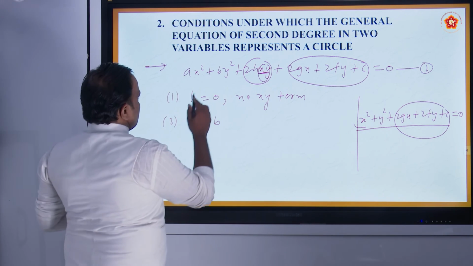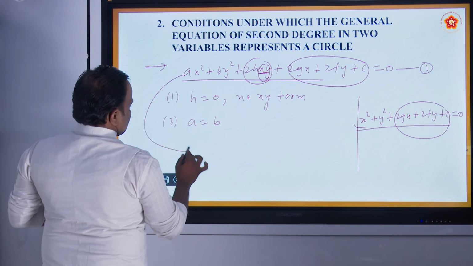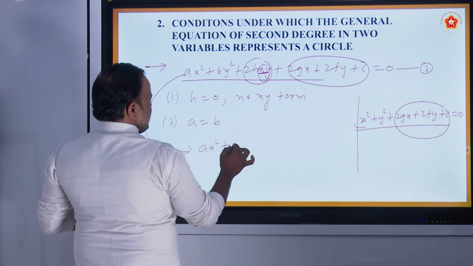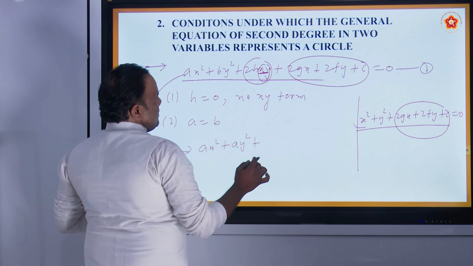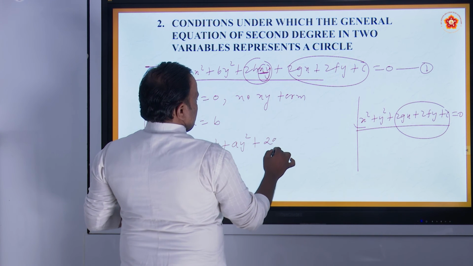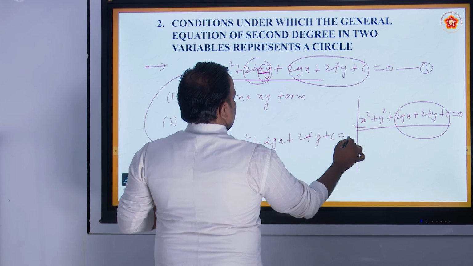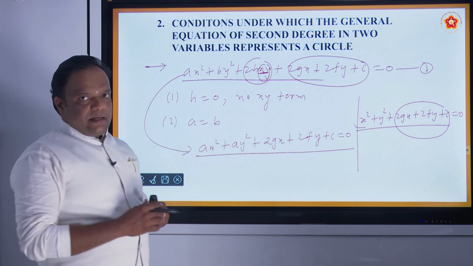Otherwise, if you take b equal to a, the equation becomes ax squared plus ay squared, with h equal to 0 so there is no xy term, plus 2gx plus 2fy plus c equal to 0. This represents a circle.